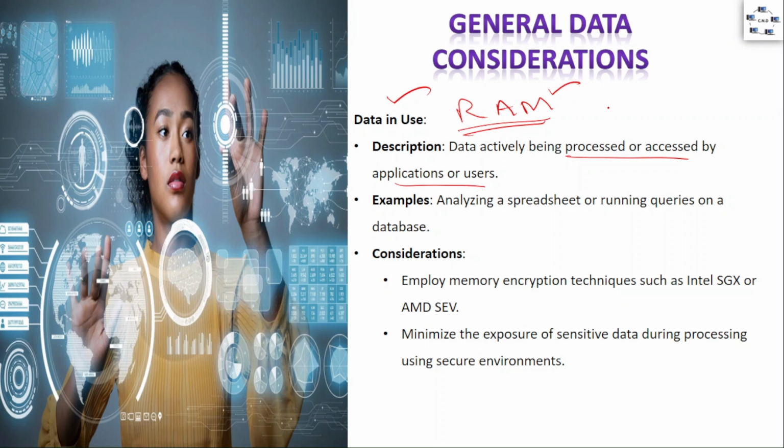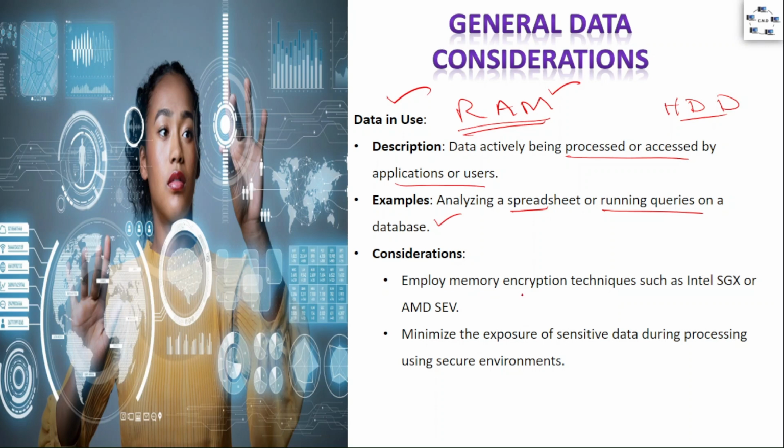For permanent storage or for data at rest, we use the HDDs, while for temporary storage during processing, RAM is used. Examples include analyzing a spreadsheet or running queries on a database.